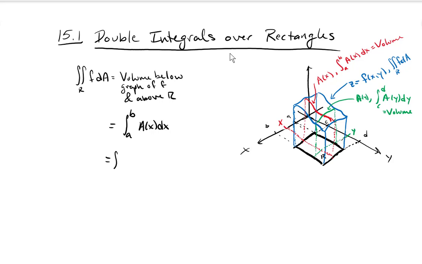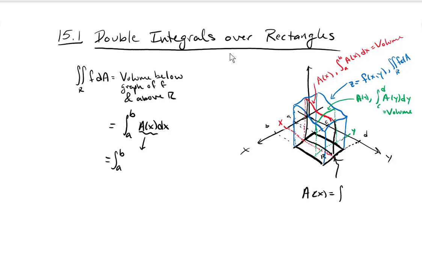All we have to say then is, what is this area A of x? Well, just thinking of this picture, it should be what we get when we integrate this function, which is really just the same as f of x, just frozen at this x value and letting y actually change.